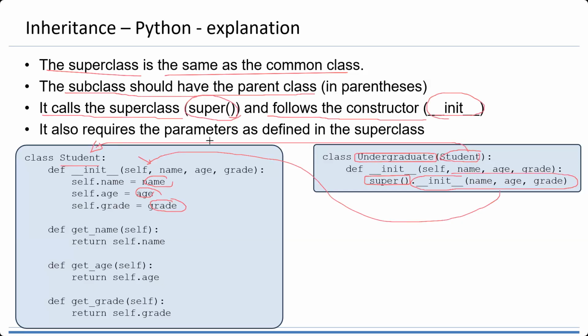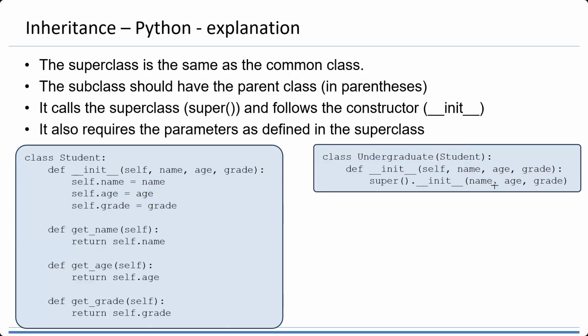And it also requires the parameters as defined in the superclass. When the superclass requires three parameters, name, age, and grade, then you also need to have the values name, age, and grade, so you can create the instance.